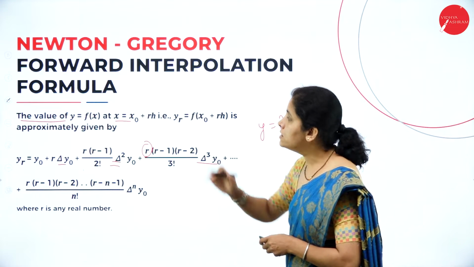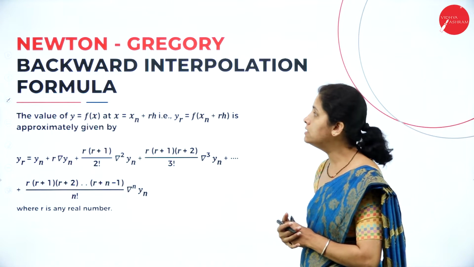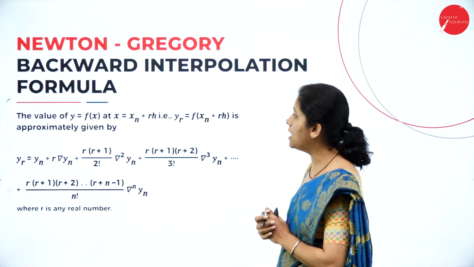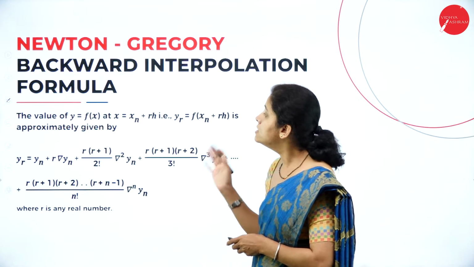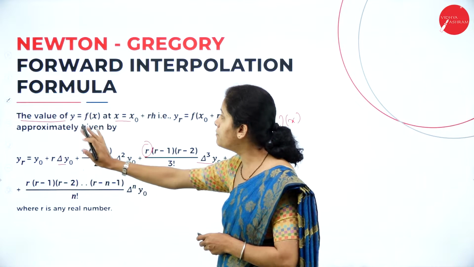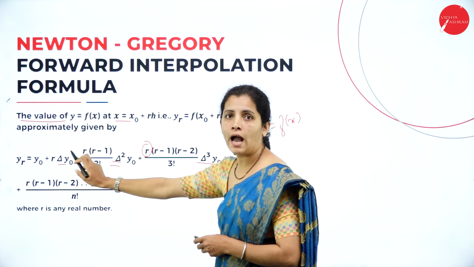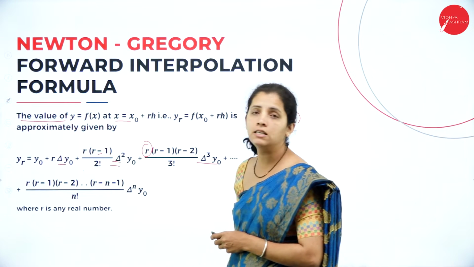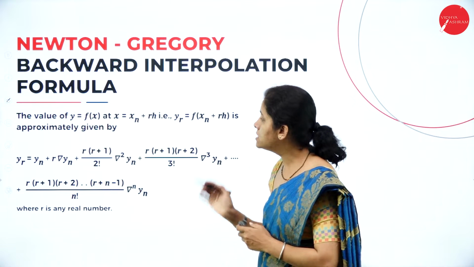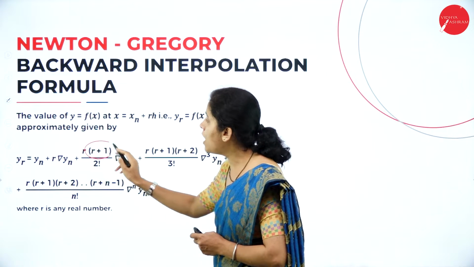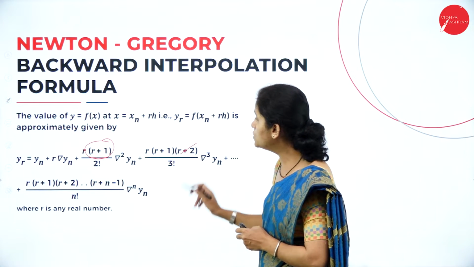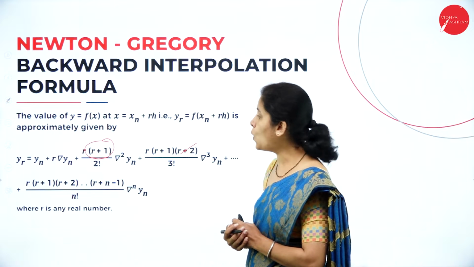And another formula I have, that is Newton-Gregory backward interpolation formula. See the difference here. Same formula you have to remember. If it is forward, then I'm going to have the delta, and here it is r minus 1, r minus 2, r minus 3. If it is backward, see, instead of r minus 1, I have r plus 1, r plus 2, r plus 3, and so on.